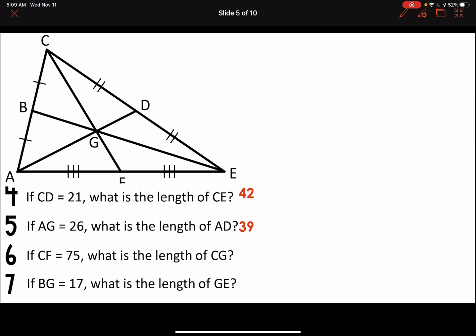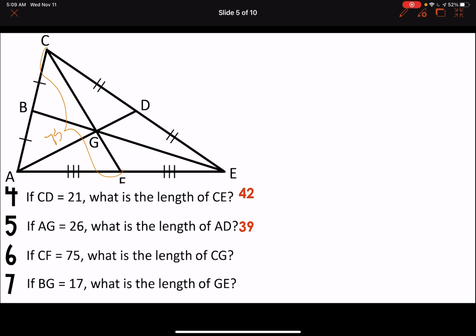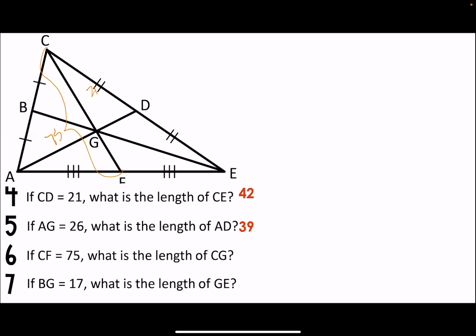All right. If CF is 75, so this entire thing right here is 75, what is the length of CG? So, again, that's going to be 2/3 and 1/3. Well, let's do 75 divided by 3.